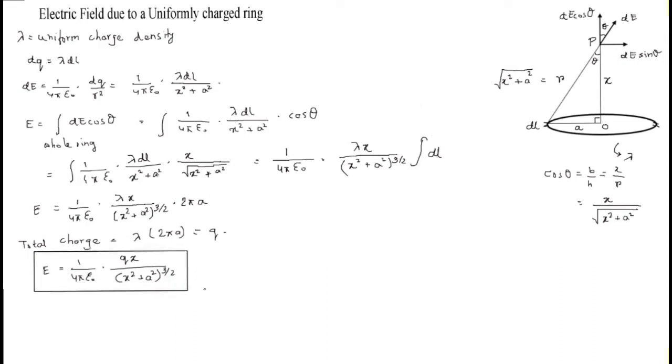Now the most important thing is what is the direction, right? Look at this in the diagram, I said the dE sine theta component cancels out due to the opposite counterpart, right? So what is left is in the direction of the cos component, so this vector dE cos theta gives the direction of the electric field due to this charged ring.